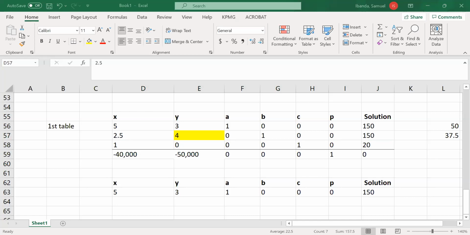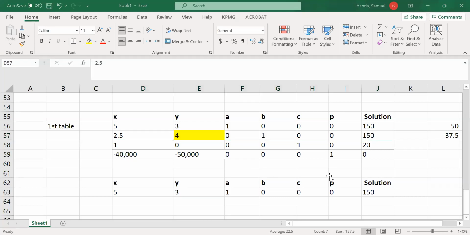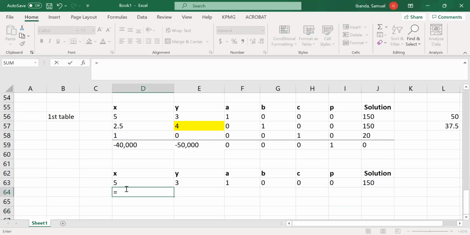Okay. So what that means is that our second column, this will be 2.5. You press that on your calculator, divide by 4.